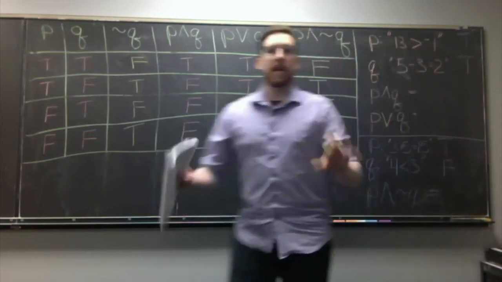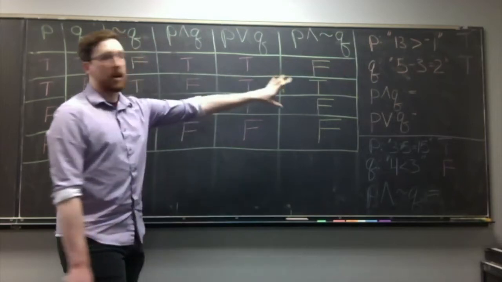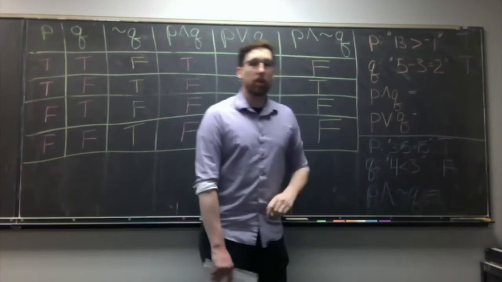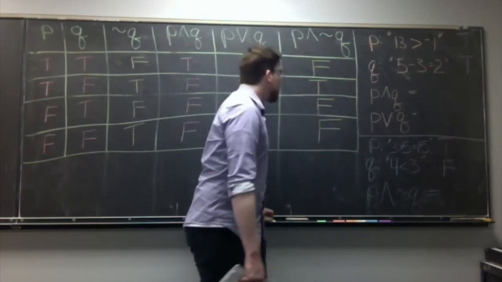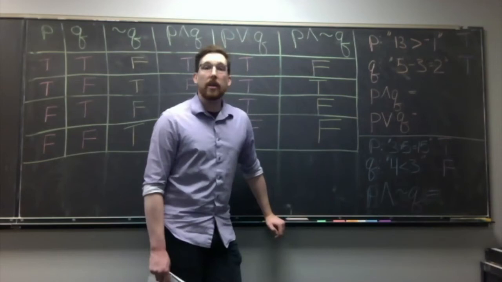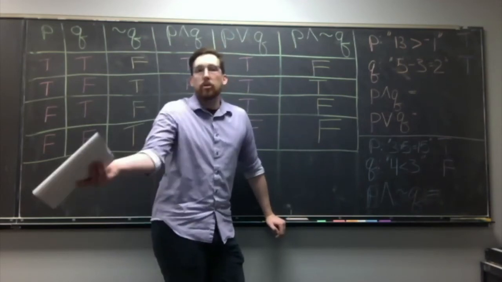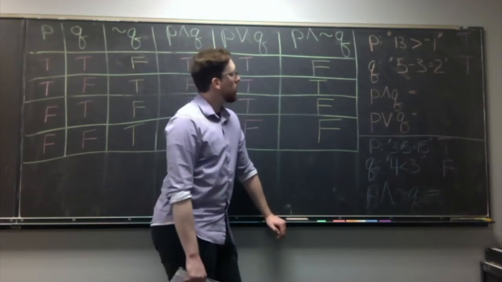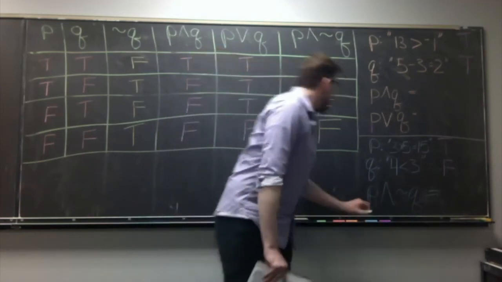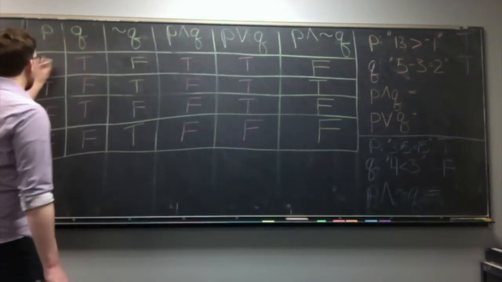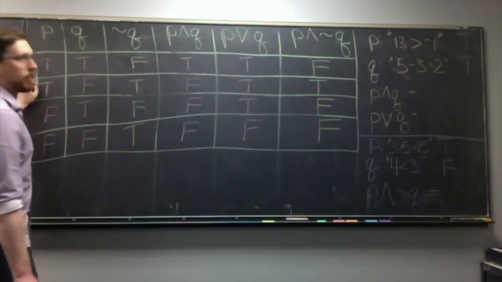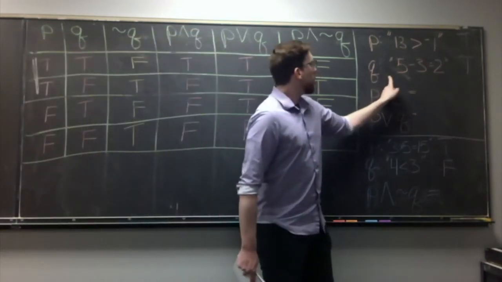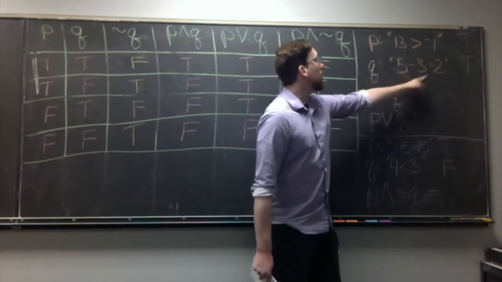All right, so now, how are we going to use this to determine these particular truth values? Well, in our first example, we've got P as the statement, 13 is greater than -1. That's a true statement, we know that. All right, cool, we know the truth value of that, true. Let's circle that over here. We're going to be in one of these two cases, right? Well, for Q, the statement is 5 minus 3 is equal to 2.